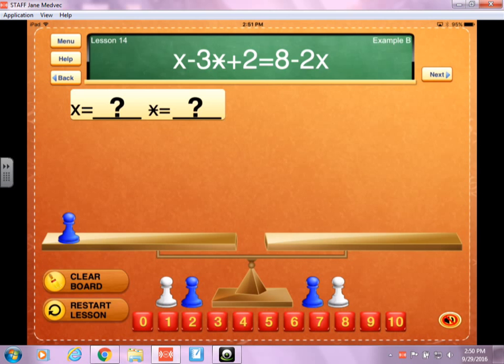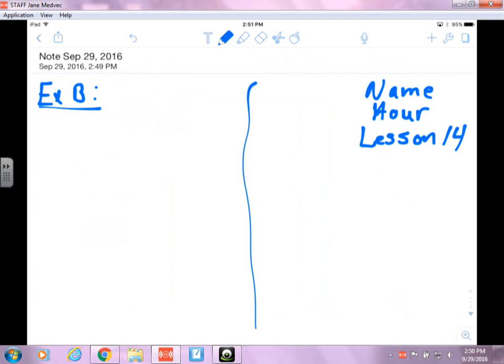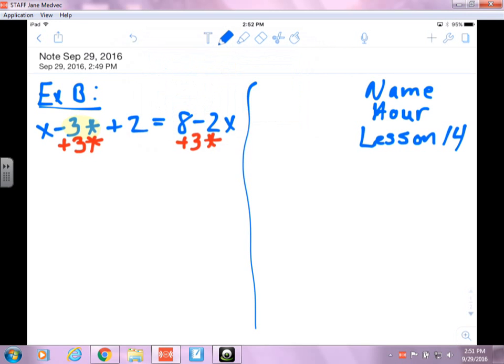So what we're going to do in our notes, again, we have that original problem. I don't like this right here, so I am going to add 3 star to this side, and I'm going to add 3 star to that side. Then these two cancel.